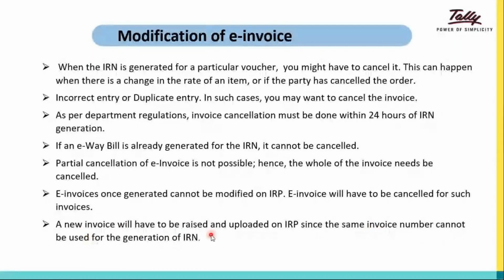So after you cancel the e-invoicing, you have to generate a new invoice, upload it in the IRP portal, and then you will get your IRN number. This is the process of modifications. Remember, you cannot modify or change the e-invoice, you have to cancel it completely and generate a new one. That is what this slide speaks of.